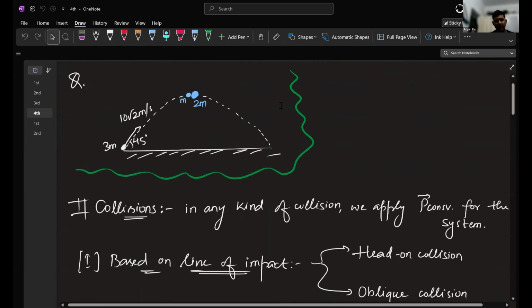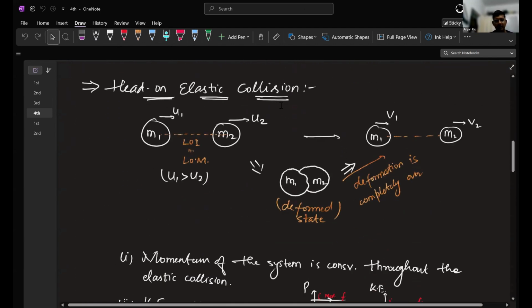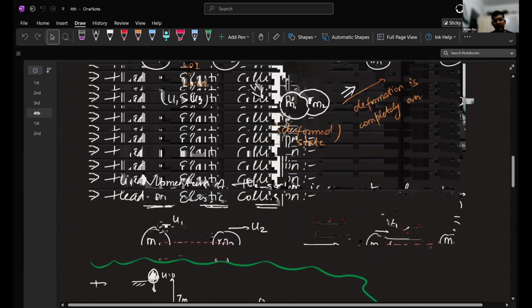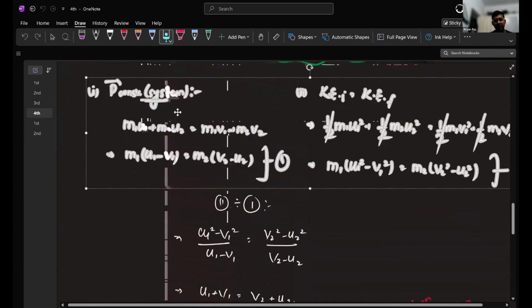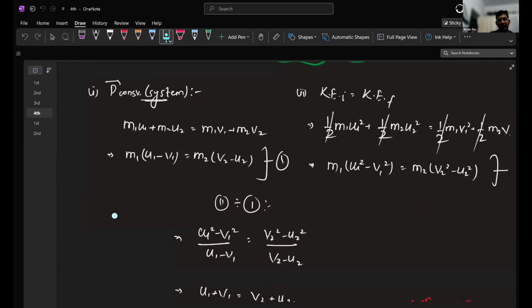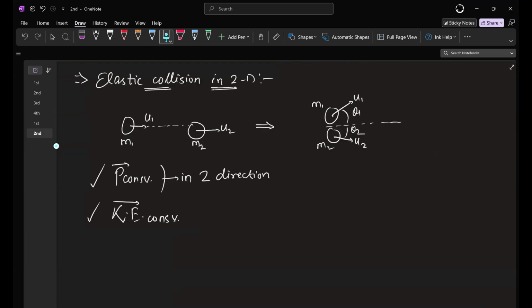So when we applied the collision conditions, we simply applied momentum conservation and kinetic energy conservation, and momentum conservation was only in the horizontal direction. But here we'll have to apply the same thing in the horizontal direction as well as the vertical direction, because this is an oblique collision.